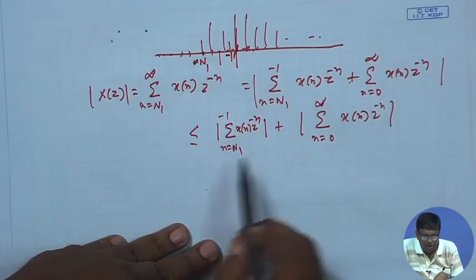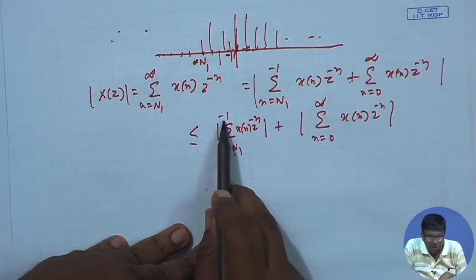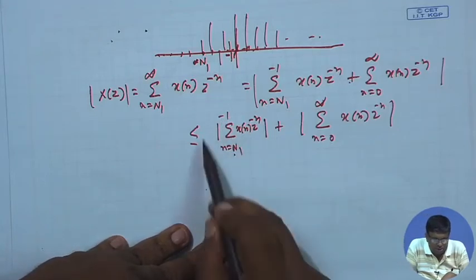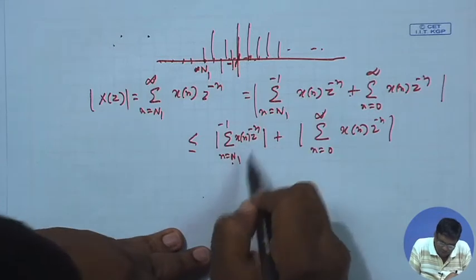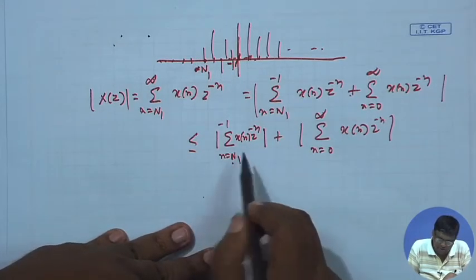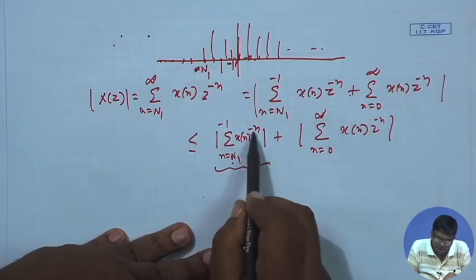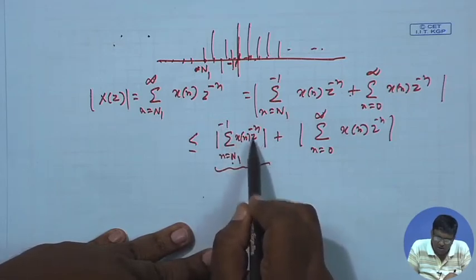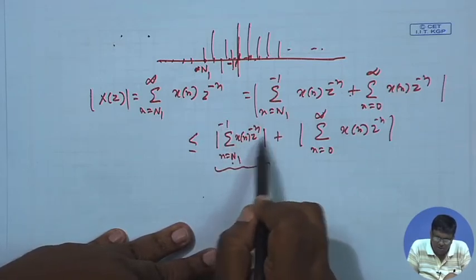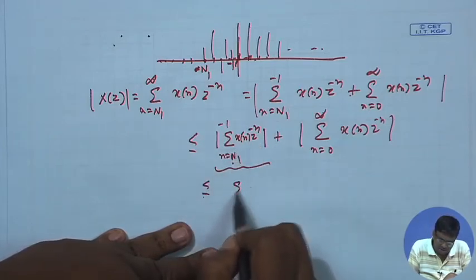We have already considered them, from some negative index n 1 to another negative index, minus 1. So, this will always exist, except for z equal to infinity, because minus n, and n is taking negative values, so it will be plus n.